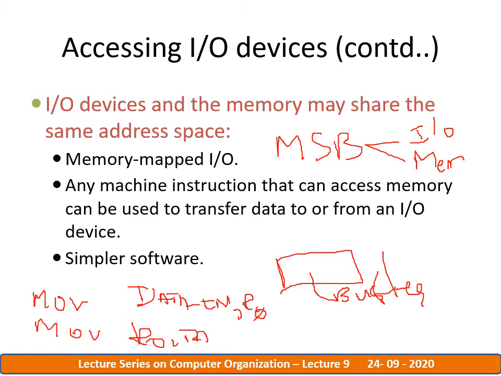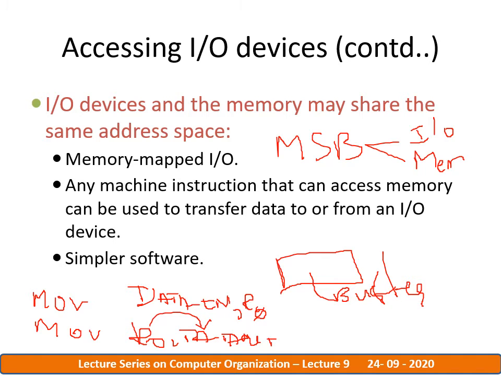So the data will be sent from the output processor to the display device's data output register: send the content of register r0 to the location data out buffer register, where data out is an output data buffer of a display unit or a printer.